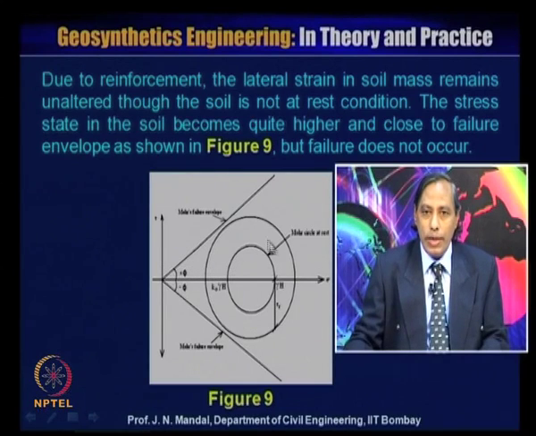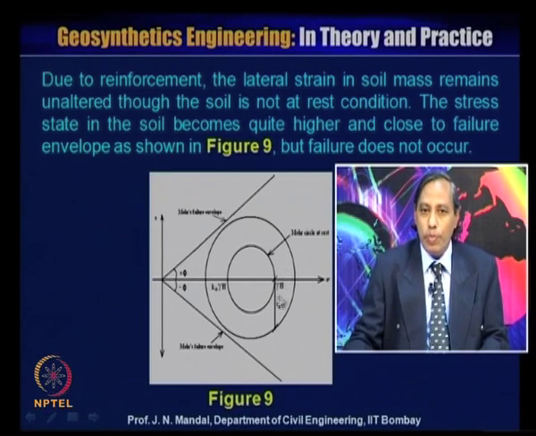This is a Mohr circle at rest condition. Sigma 1 is gamma h, sigma 3 is k0 gamma h, this is in stable condition at rest, and that is why this circle lies inside the Mohr-Coulomb failure envelope.